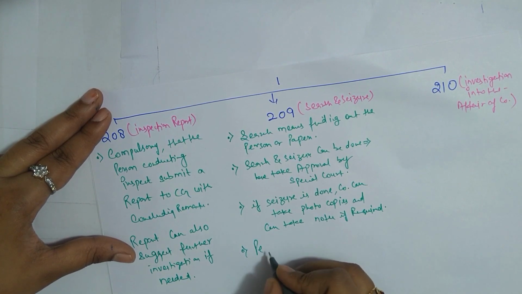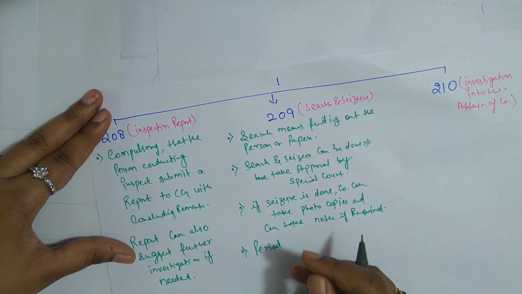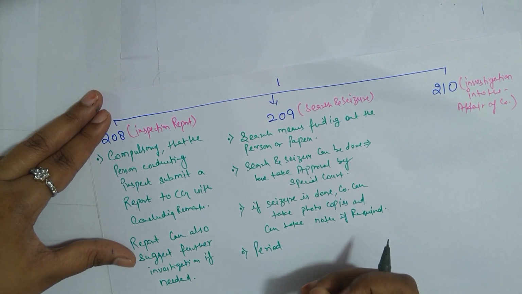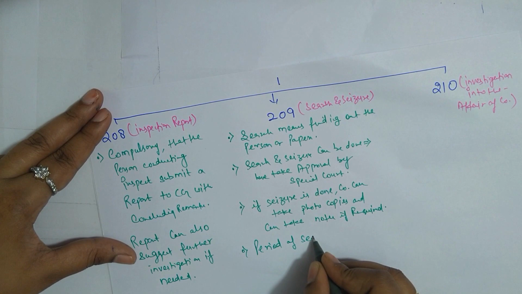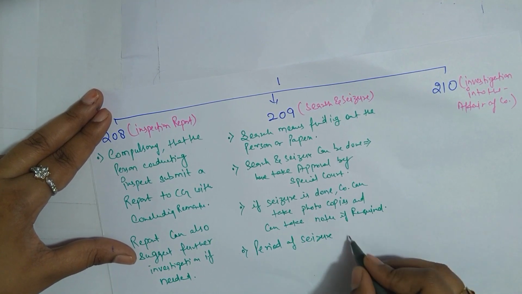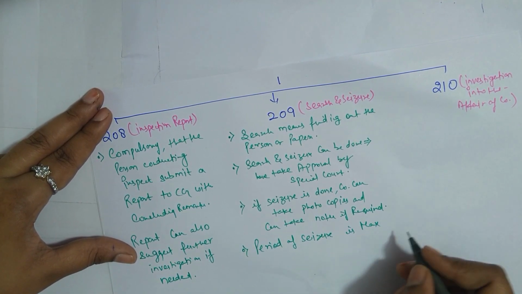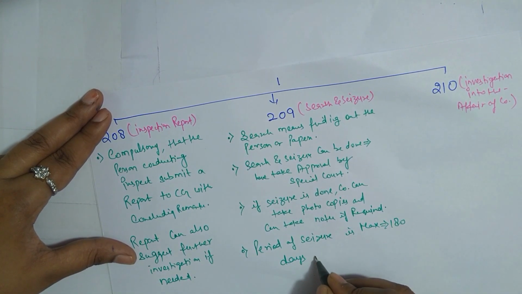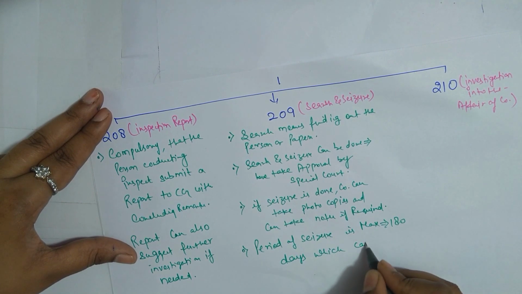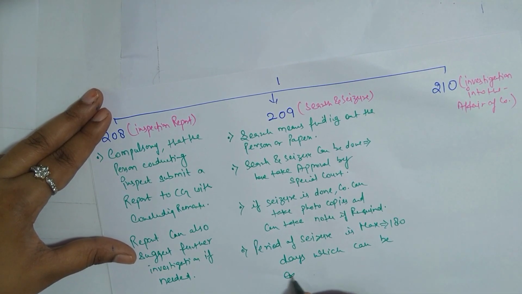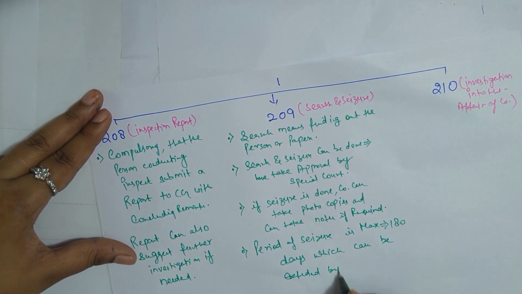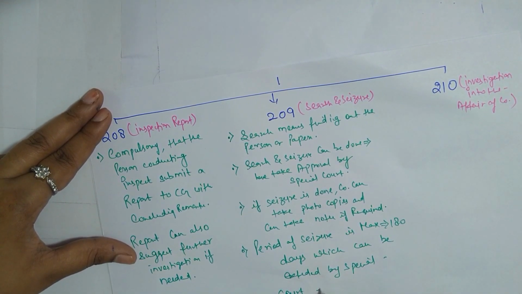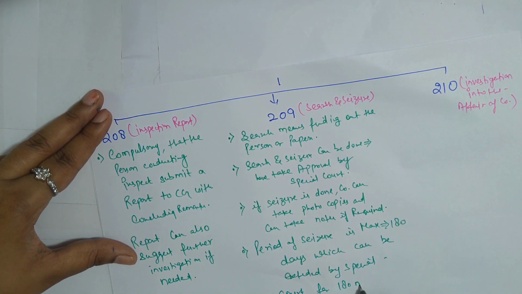Fine. And the most important thing, ma'am, how much time can an inspector seize the document? So the period of seizure must be maximum, it means maximum up to 180 days, which can be extended if required by special court for 180 more days.